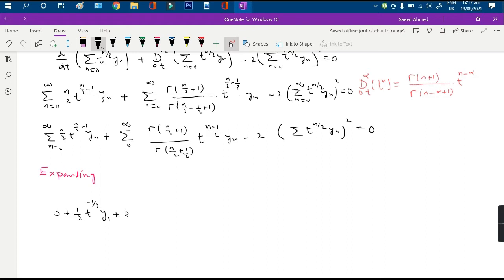When n is 2, it is 2/2 equals 1, t to the power 2/2 minus 1 equals 0, so technically there is no t in this term, or t to the power 0, and then we have y_2. For n equal to 3, it is 3/2 t to the power 3/2 minus 1, which is 1/2, times y_3, plus so on. So this is the expansion of this first term.